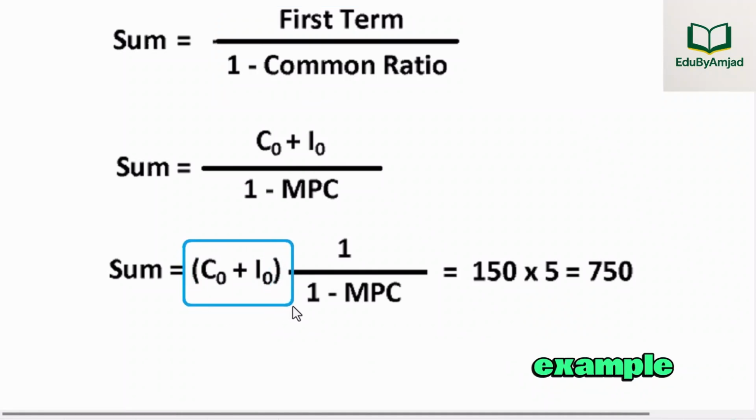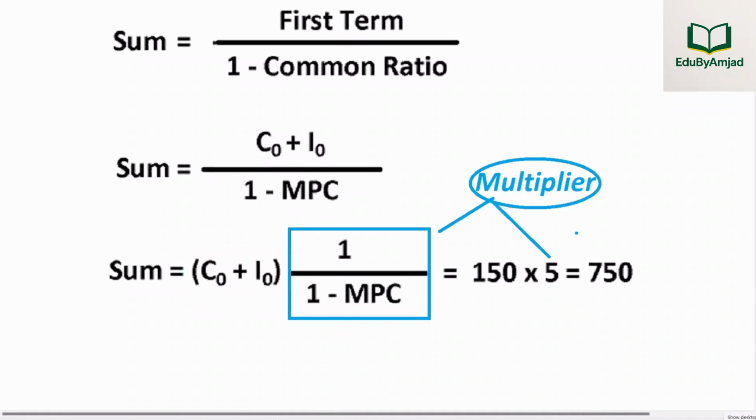In our example, this is autonomous spending multiplied by the multiplier. So the accumulated expenditure, or equilibrium output, is 150 multiplied by 5, which equals 750.